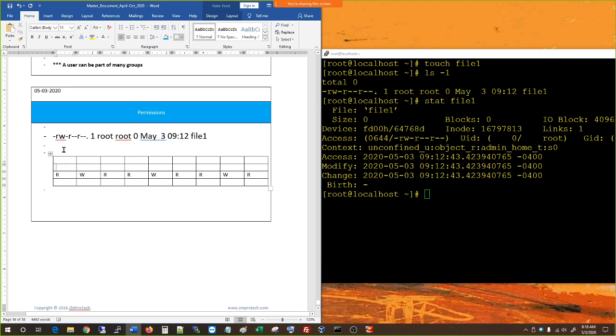Okay, so what does RWX stand for? R stands for read, and W stands for write, and X, actually this is X. X stands for execute. So this is repeating 3 times here.